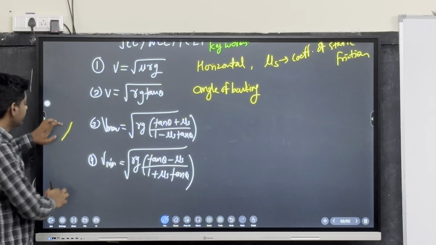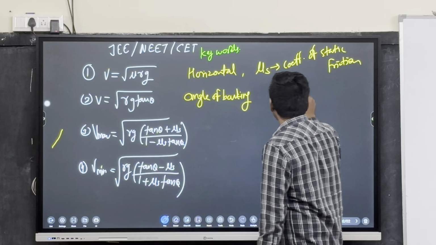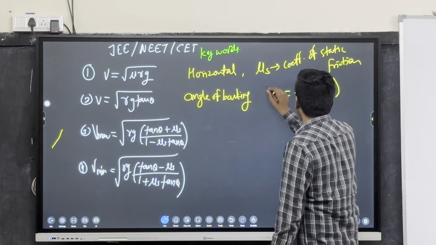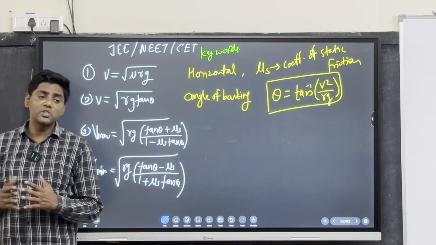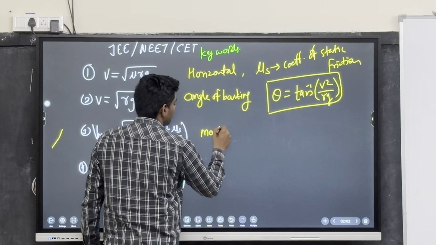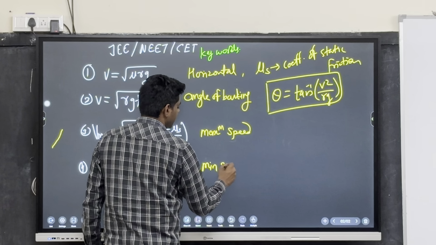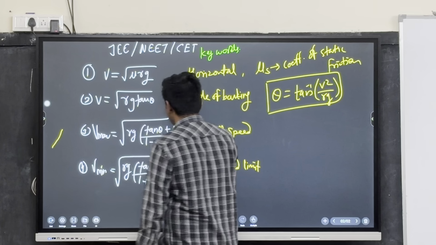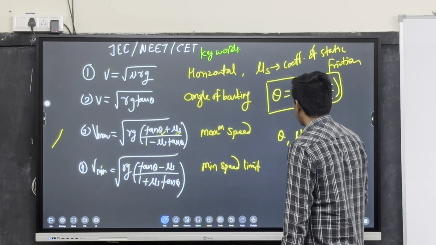Also we can calculate the angle of banking, that is tan inverse of v square divided by rg. Remember, this is a most important formula. Next, formulas v max and v minimum: use them when the maximum speed limit or minimum speed limit is clearly mentioned, and most importantly when both the angle of banking theta and mu s are given.